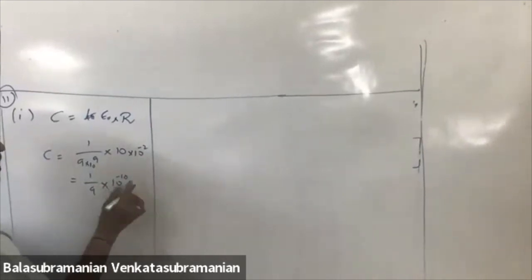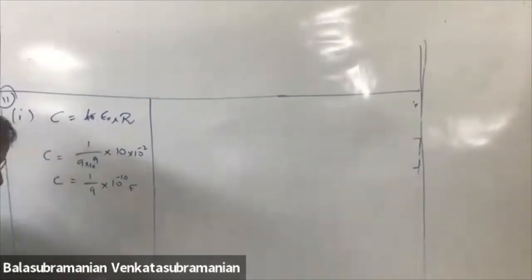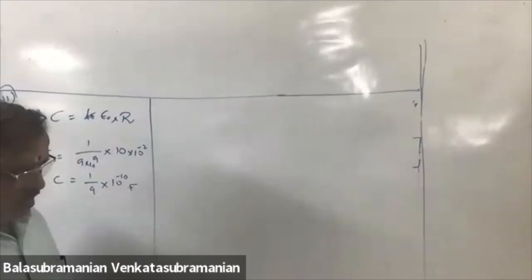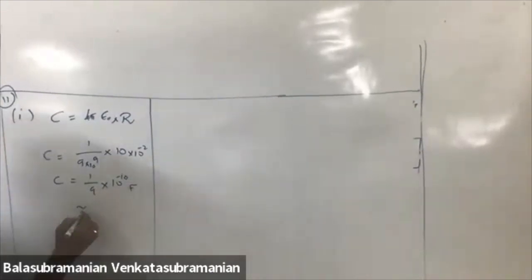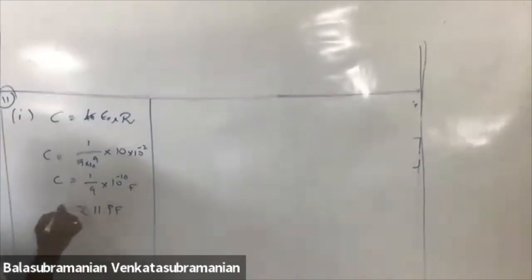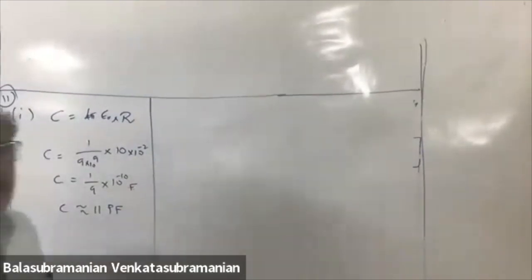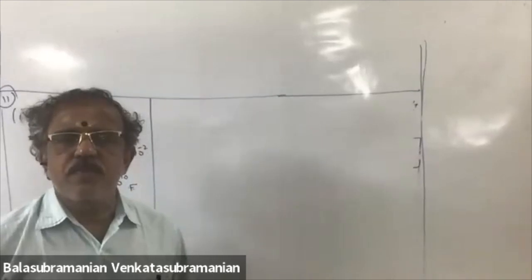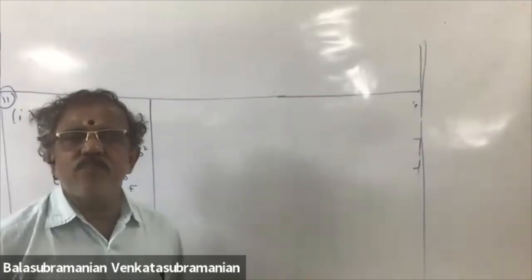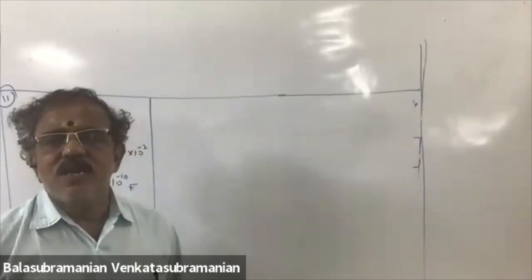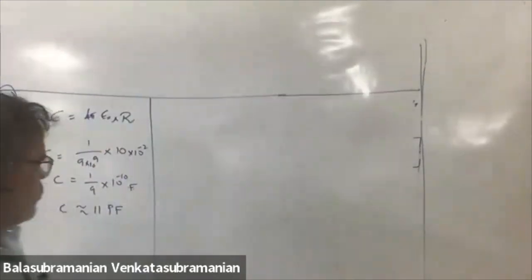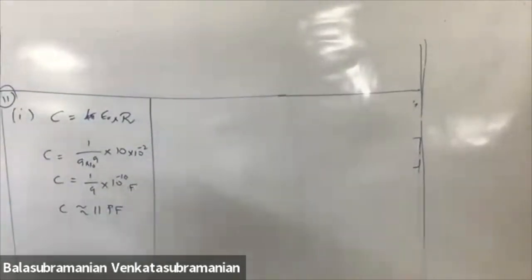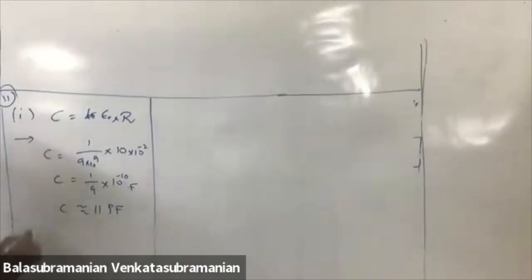Farad, this is C value. Simplify, nearly 11 picofarad. 0.11 into 10 power minus 10, so it should be 11 into 10 power minus 12. So 11 picofarad.